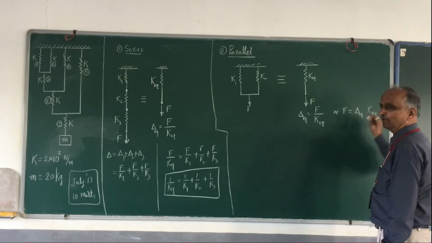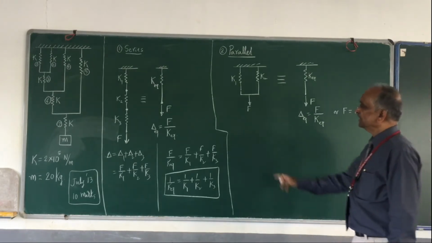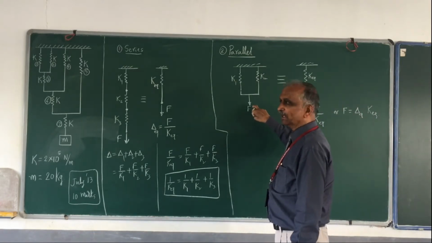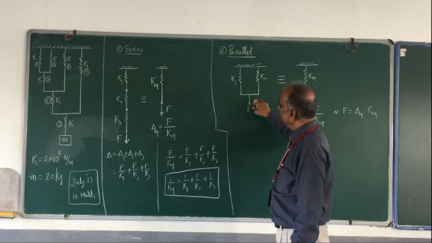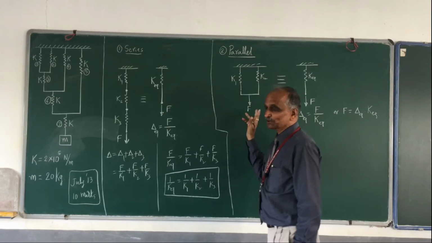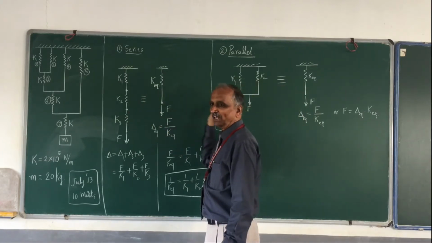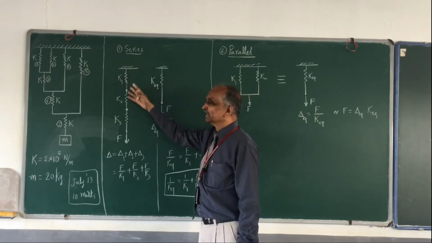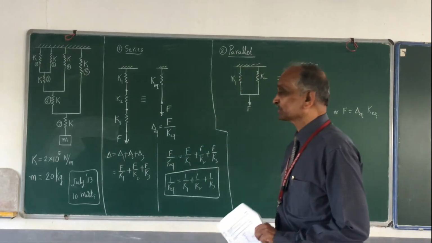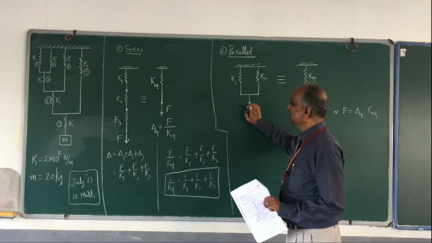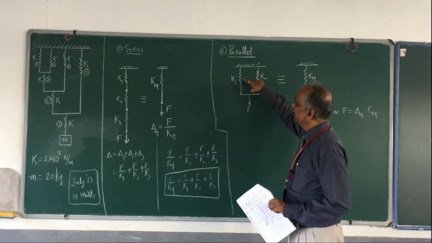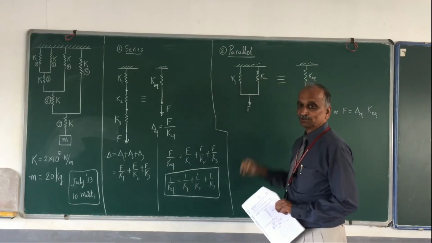So here I am applying a force, and this force is being shared by the 2 springs. So please understand the difference between this and this. When the springs are in series, all the springs are subjected to the same amount of force. But here, the load that I apply, this F, is being shared by this and also this.